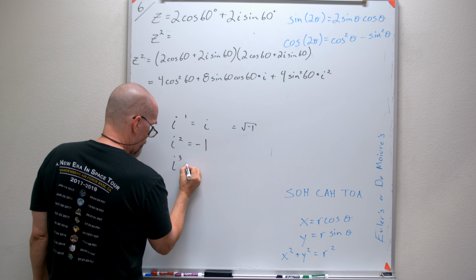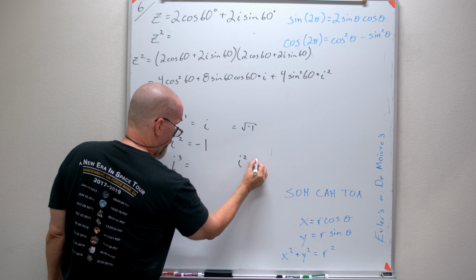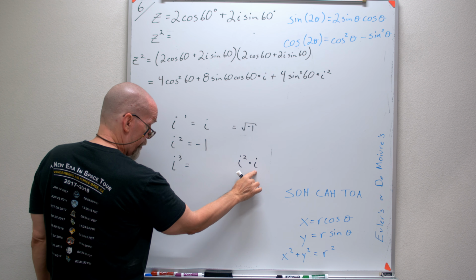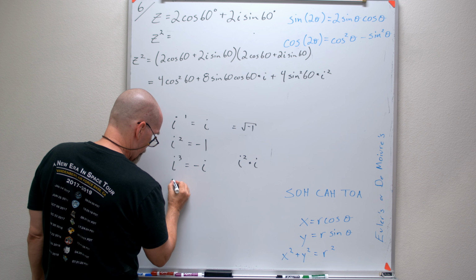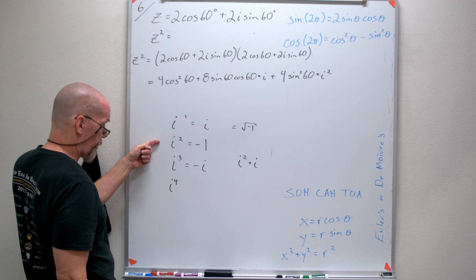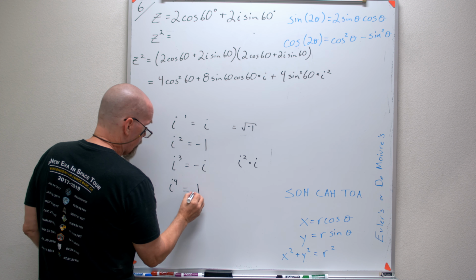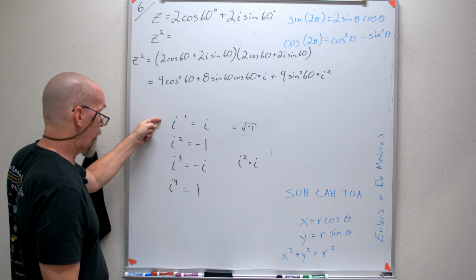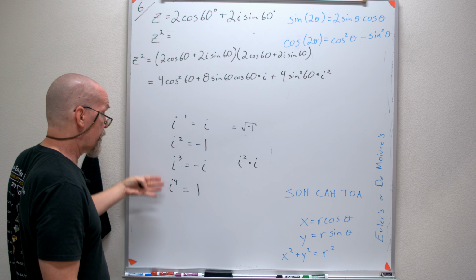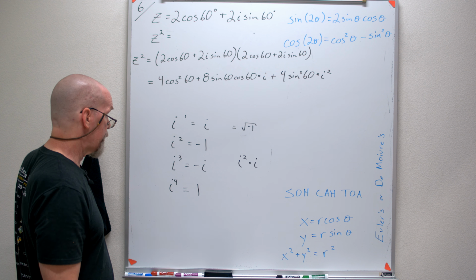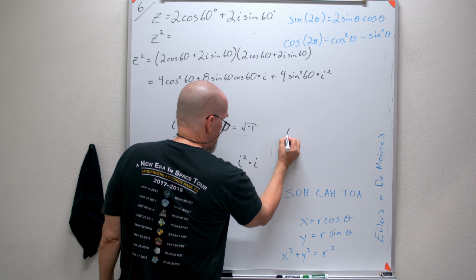I to the third is I squared times I. That's -1 times I, so we get a negative I. I to the fourth would just be I squared squared. -1 squared is just +1. So you get these 4 things just repeat themselves. Positive I, -1, negative I, +1. So you get plus or minus I, plus or minus 1 out of I raised to any power, right? So you kind of want to keep those things in mind.